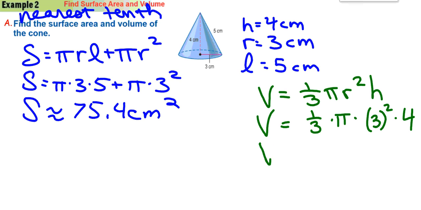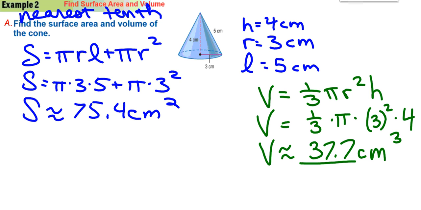Okay, and get that volume to the nearest tenth also. And for this one, I'm just going to tell you if you use the pi key or 3.14, you get the same thing. Do you have that one? .7 centimeters cubed. Oh, and that will wrap it up for today.